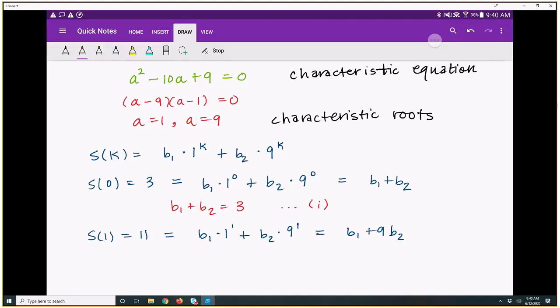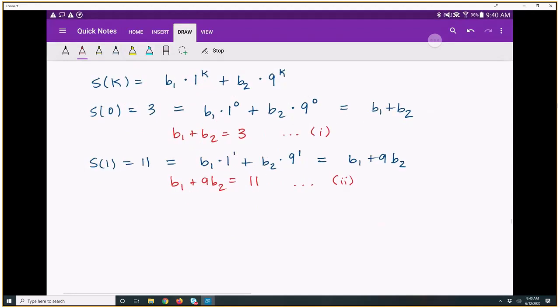So I have the equation b1 plus 9b2 equals 11, and I'm going to call this equation 2. I need to solve this system of two equations for the two unknowns b1 and b2.